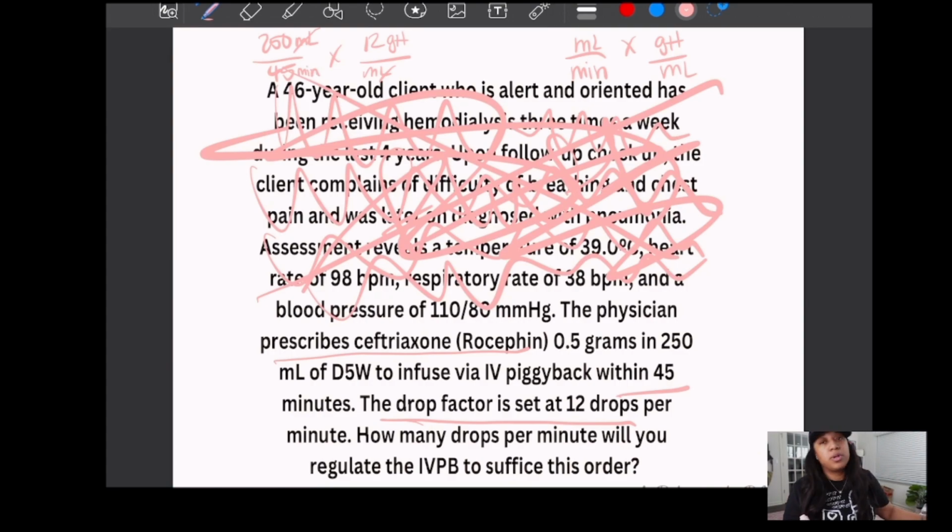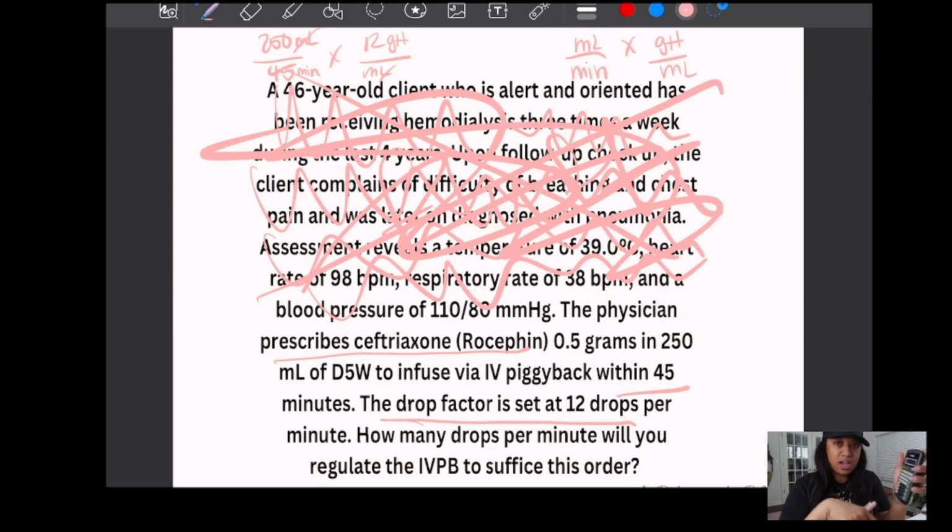When you do these types of calculations and you have to multiply multiple values across the top, then divide by multiple values across the bottom, when I put it into my calculator, I just do all the values across the top, multiply. So 250 times 12, and that's it. Then you go to the bottom, so you hit divide.